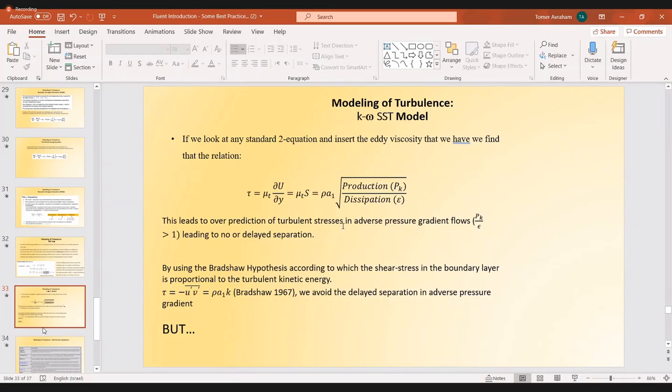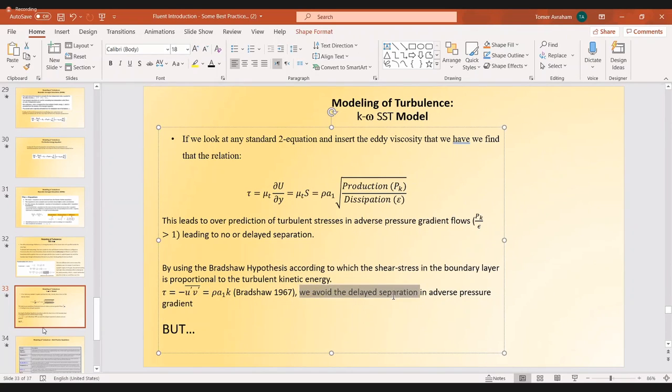And when it's bigger than 1, we get no separation or delayed separation, sometimes even no separation. What he proposed is using the Bradshaw hypothesis. And by that, he claimed to have solved the problem of delayed separation.